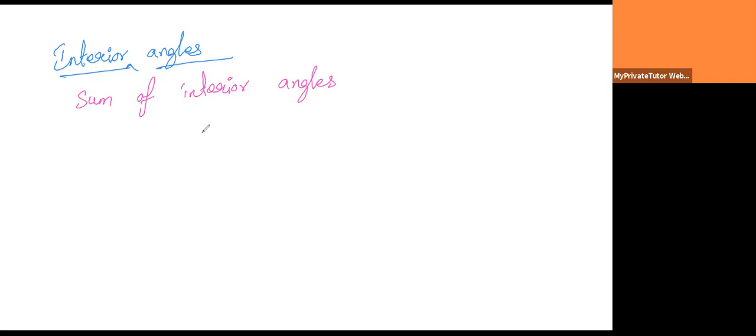If I ask what is the sum of interior angles of quadrilaterals such as a square, rectangle or parallelogram, you know that it is 360. But what about the other polygons? We need to use the basic formula, which is (n minus 2) times 180, where n is the number of sides.